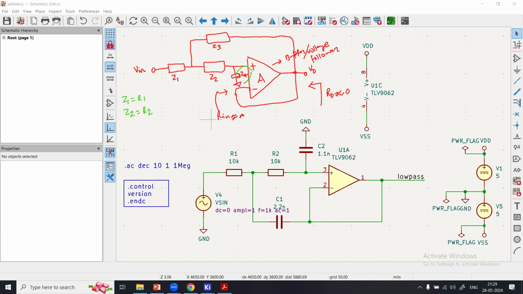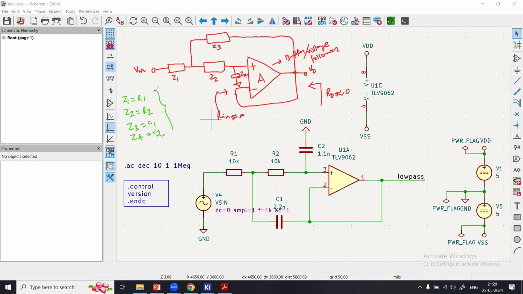Now the Z4 is C2, and the Z3 is actually C1. So this is how I can do that in a schematic. So let me write here: Z3 is actually C1, and Z4 is actually C2.